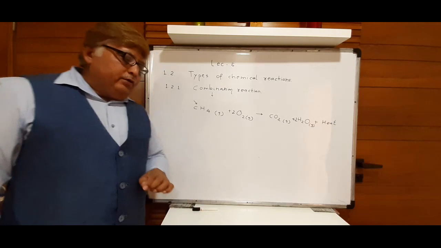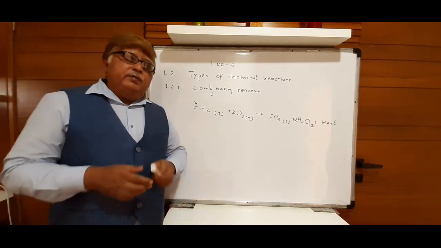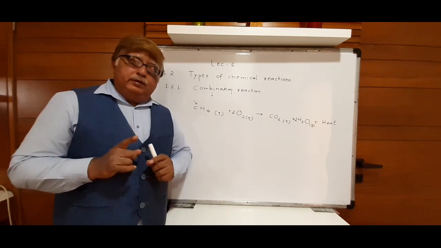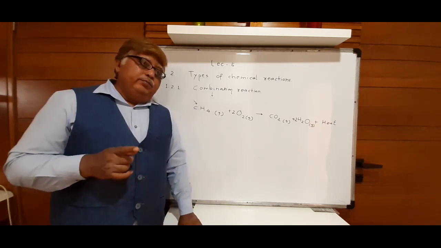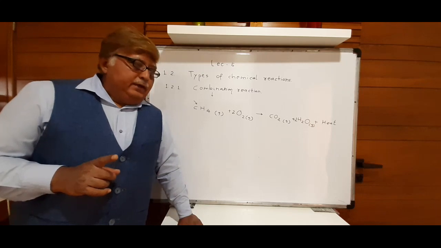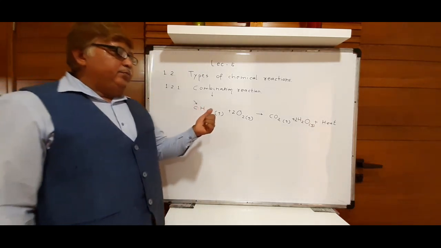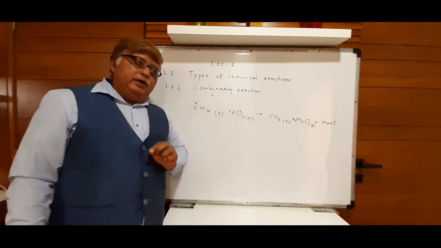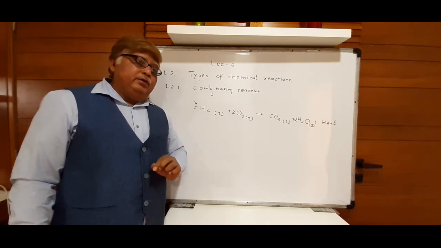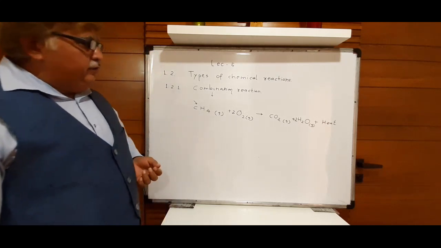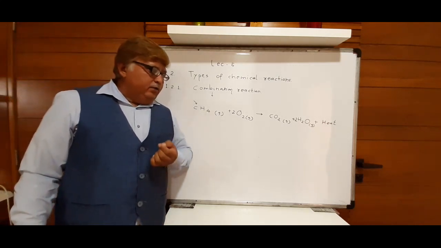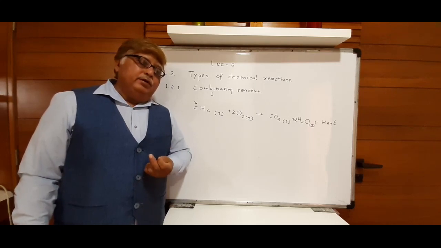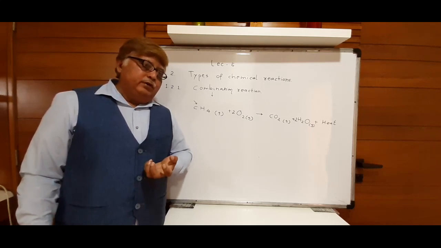Definitely, because during this chemical reaction also heat energy appears as a product, and whenever heat energy appears as a product, we can say it is an exothermic chemical reaction. So my dear student, I have mentioned 3 chemical equations in support.